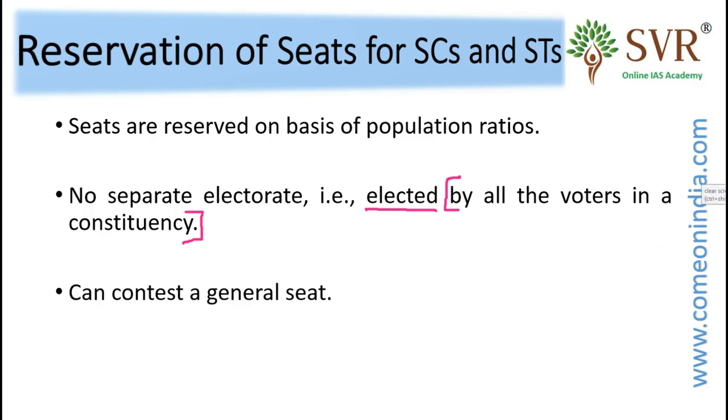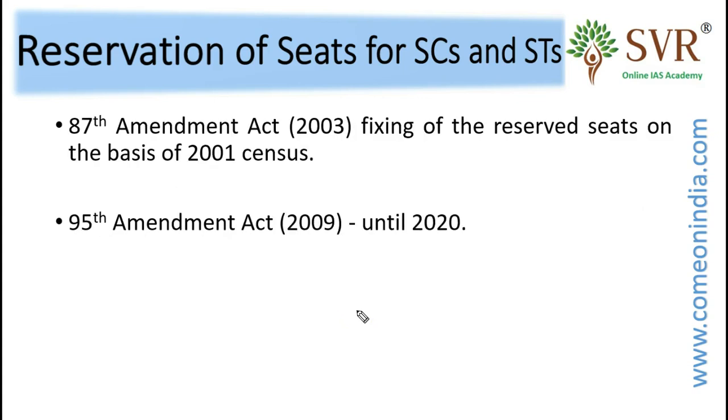Apart from contesting from the reserved seats of scheduled castes and scheduled tribes, these people can also contest from any other general constituency in the election of Lok Sabha. There is no bar for them to participate in such general seats. The 87th Constitutional Amendment Act of 2003 has fixed the number of seats reserved for scheduled caste and scheduled tribe people in the Lok Sabha on the basis of the 2001 census of population.